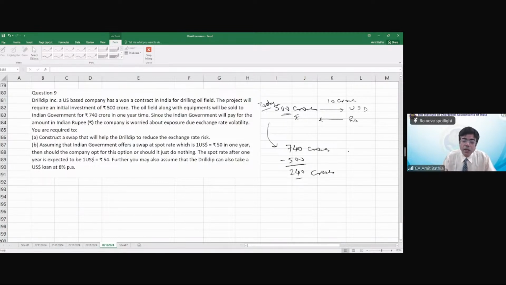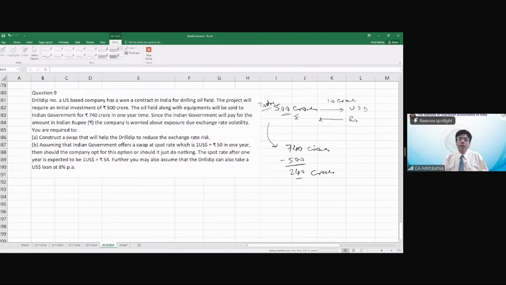All right. So now that we have constructed this swap, a swap essentially means we need to have an exchange of money, right? Because at the end of it, there isn't a liability which I am giving you or an asset which I will have. I will need to have the same amounts. It is basically going to put me in the same position. That is the reason we say, I give you 10 crore USD, you give me 500 crore rupees.